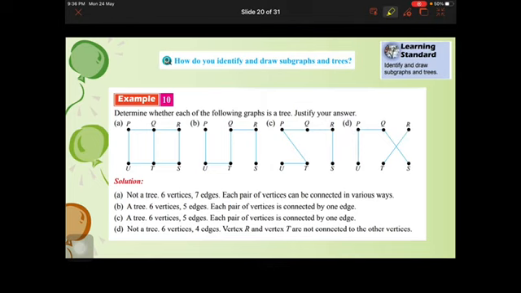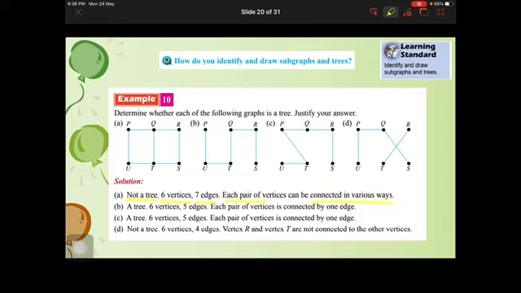Okay, so now let's look at diagram A. Diagram A is not a tree. Okay, why is it not a tree? Remember, a tree must be a simple graph, and the number of edges must be 1 less than the number of vertices. So not a tree because we have 6 vertices but 7 edges, and each pair of vertices can be connected in various ways.